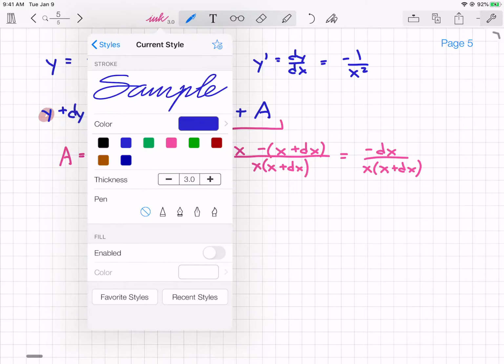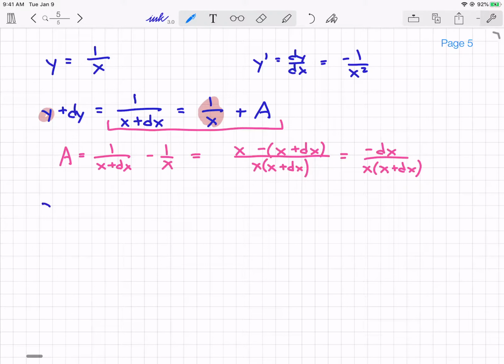All right, so back to this. Let's go back to blue. So I've got y plus dy is equal to 1 over x plus a, and I just found what a is. a is negative dx over x times x plus dx. So what do I notice?